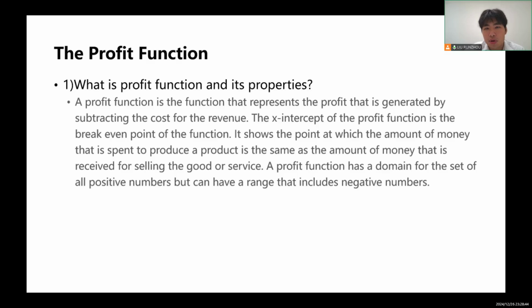It shows the point at which the amount of money that is spent to produce a product is the same as the amount of money that is received for selling the good or service. A profit function has a domain of the set of all positive numbers, but can have a range that includes negative numbers.